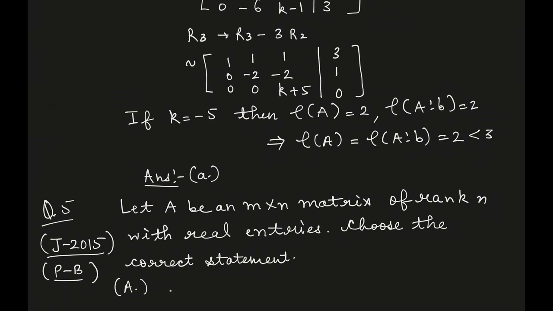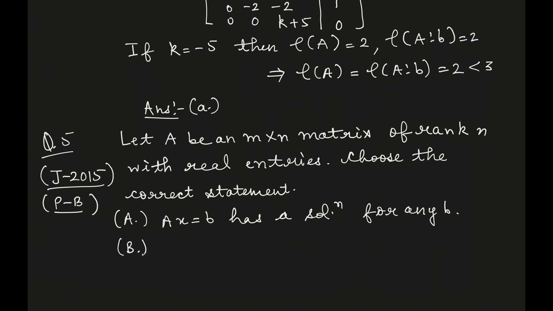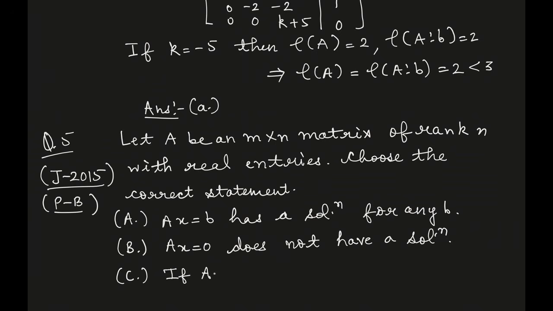A part, Ax equal to b has a solution for any b. B part, Ax equal to 0 does not have a solution. C part, if Ax equal to b has a solution, then it is unique.